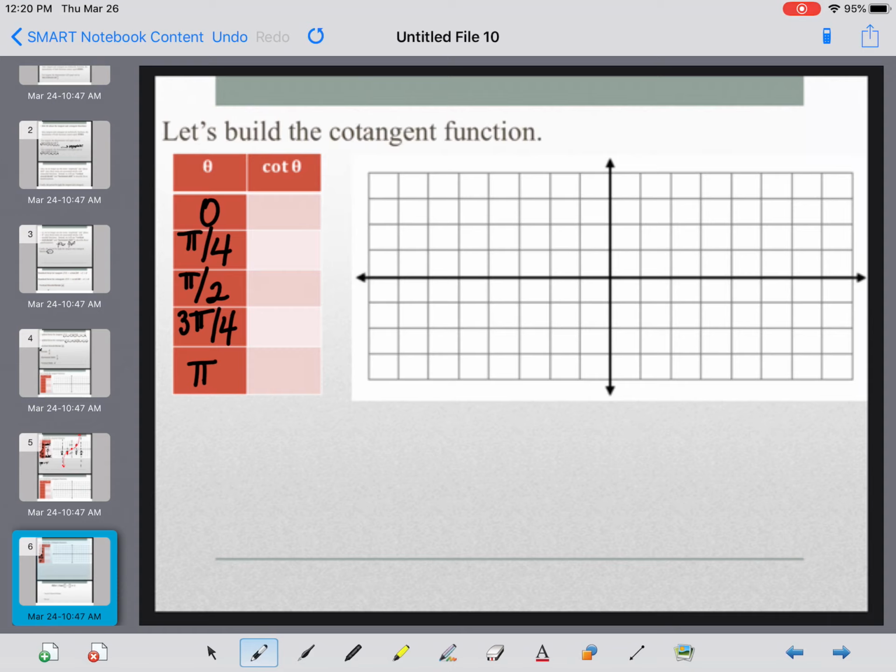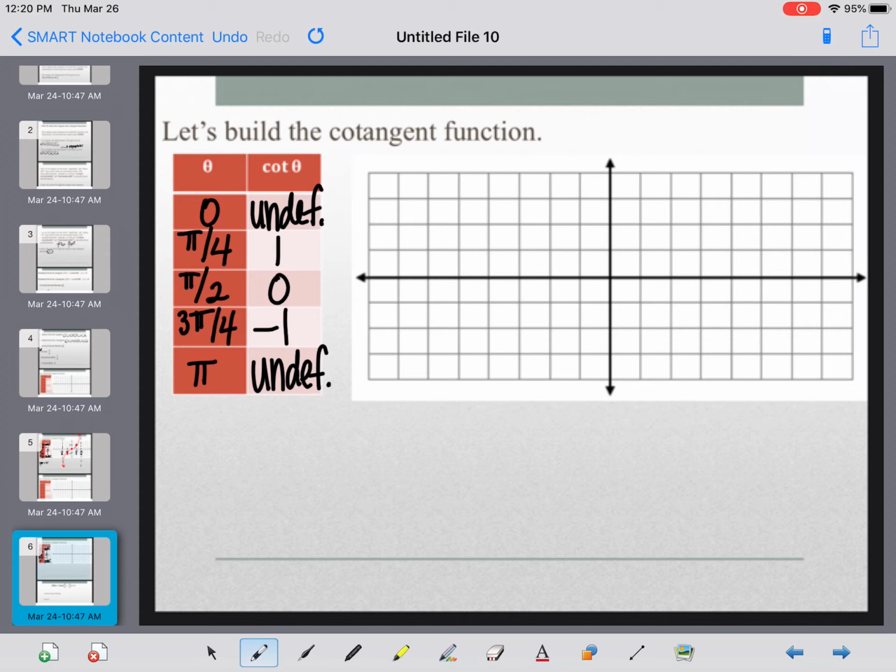Now, cotangent is undefined at multiples of pi. So 0 is actually undefined, and pi. Then these values in the middle are going to be reverse from tangent.